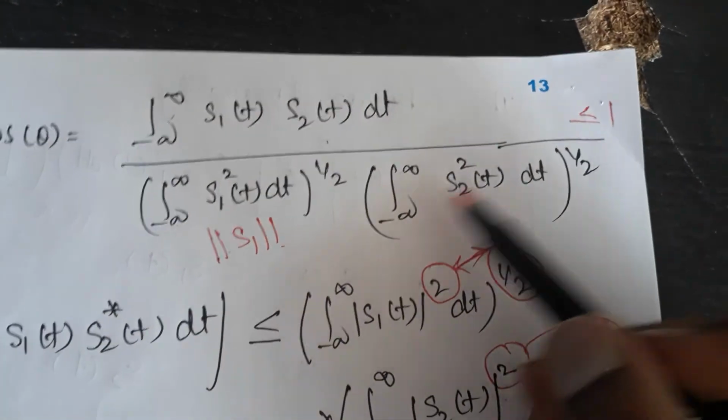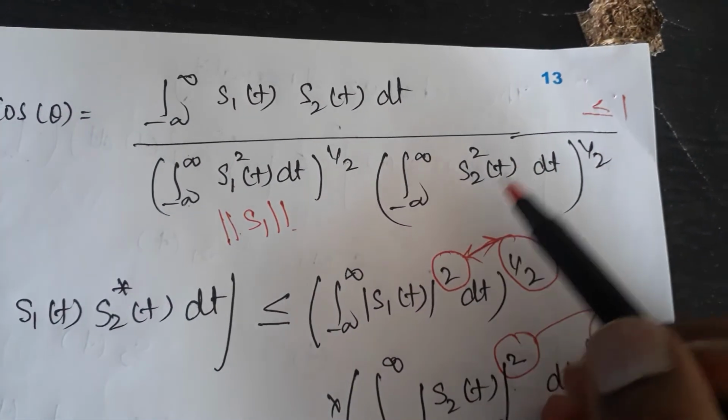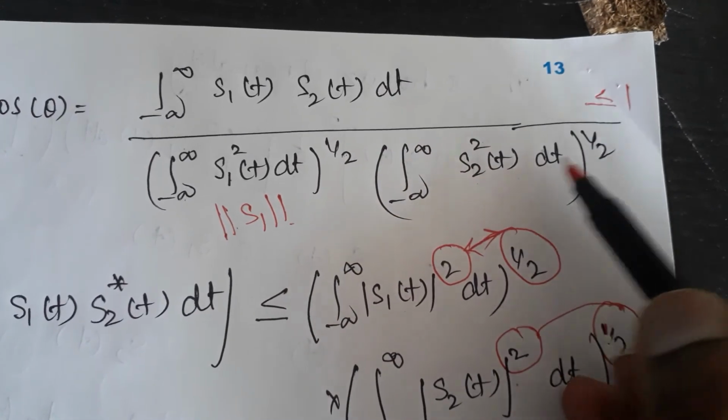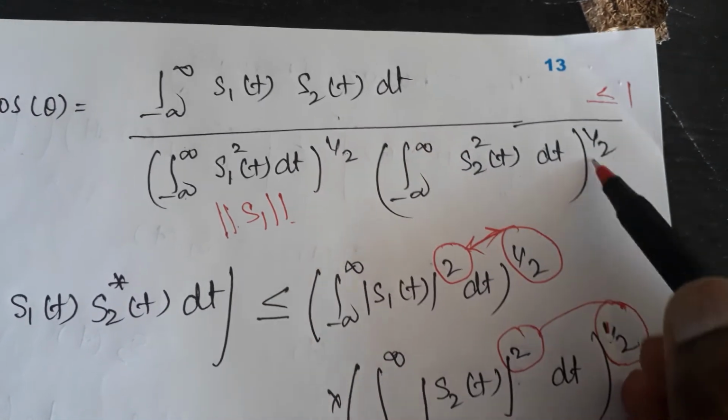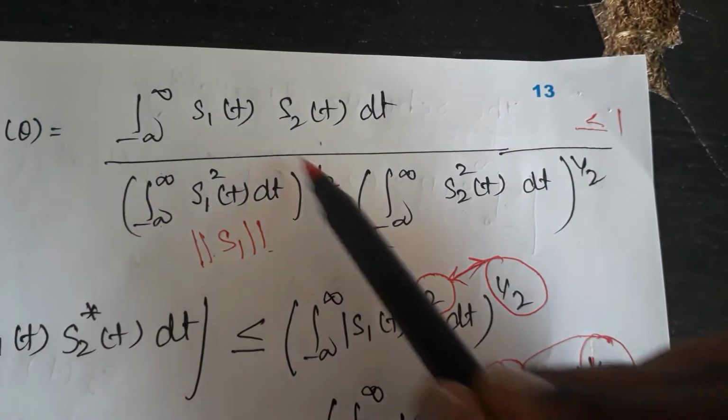In the same way, put the absolute value root for S2(t). This is the absolute value of S2, and this is the absolute value of S1.